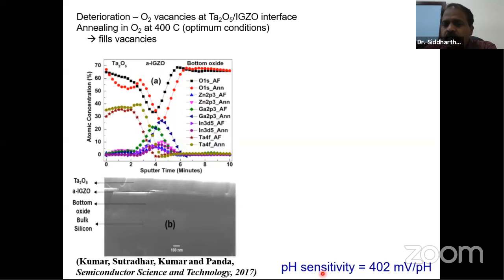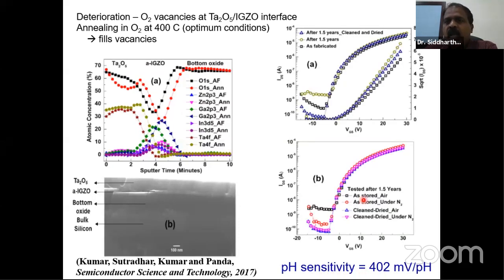Apart from higher sensitivity, another highlight of this work was the stability. We took a standard device and tested it again after 1.5 years, and the performance value had not changed much. So again, all the processing is critical, because it helps to give good stability to these devices.